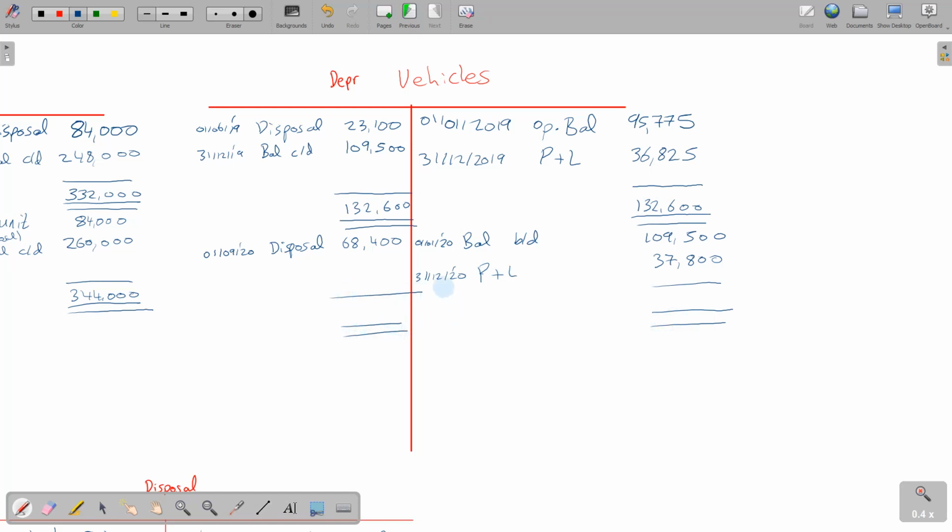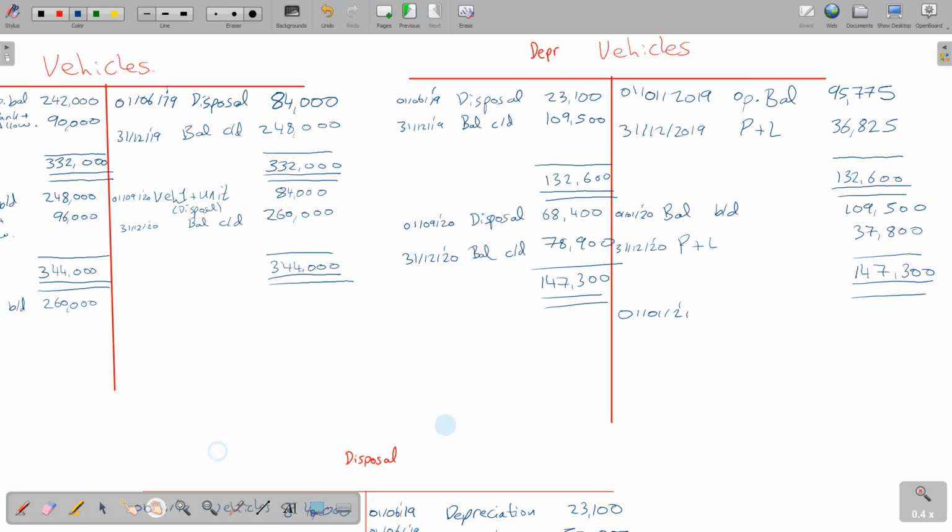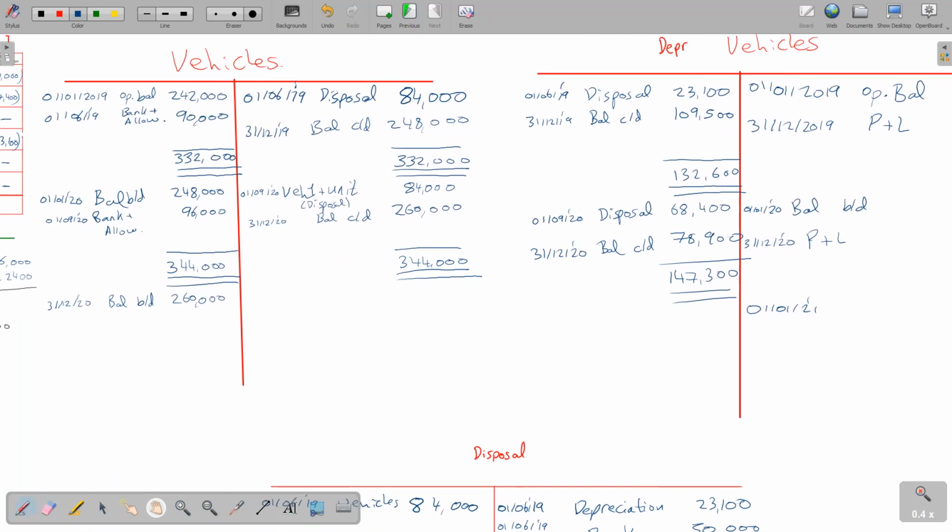So if it's 37,800, so it's 147,300. We have the balance is 78,900. Balance called down 31st of the 12th 20. So the 1st of the 1st 21. That's why I noticed that this one's wrong here now.